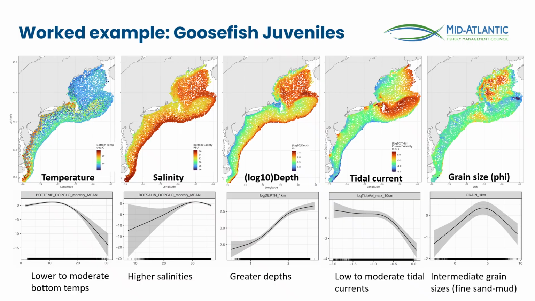It's positively related to depth, and declines at locations where tidal current velocities are on the higher end. And it has a convex relationship with the grain size here that indicates a preference for sediments that are more fine-grained sand or muddy bottoms.